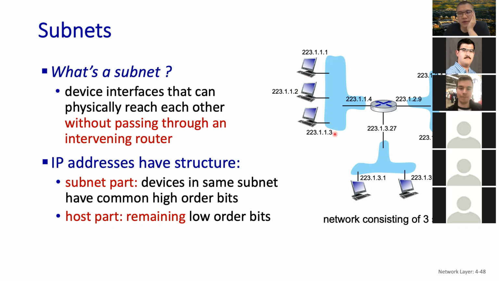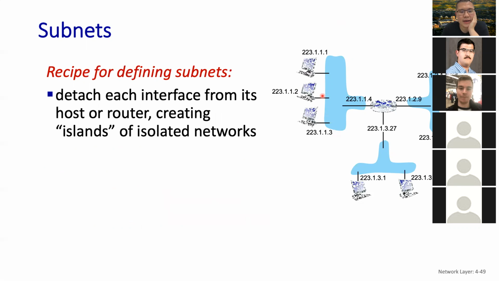So we should have some information here, indicated as 24 or 8, to distinguish that if you want to identify devices within the same network, you only check the last 8 bits. The first 24 bits are the same.